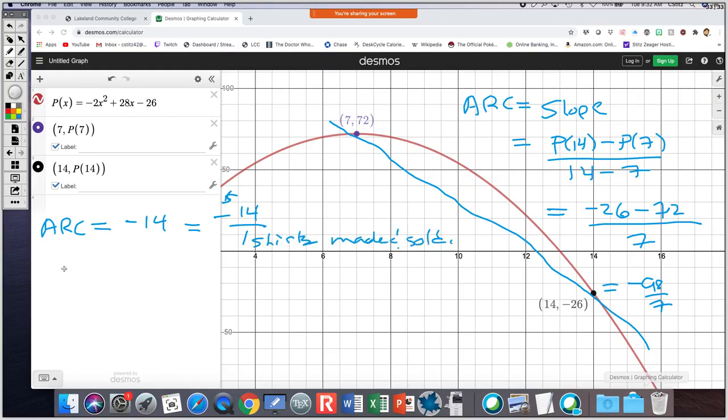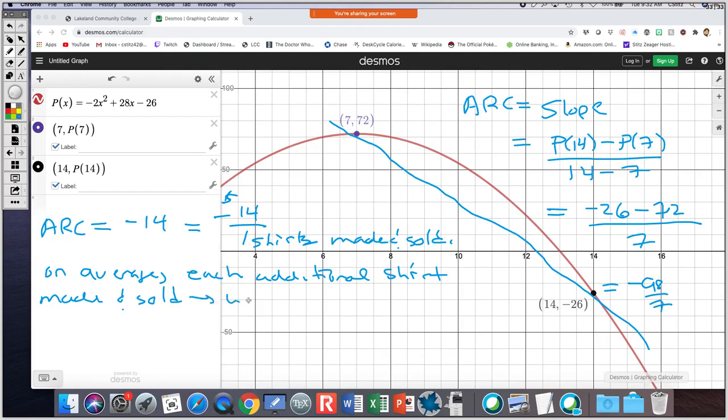So this means that on average, each additional shirt made and sold, we'll lose $14 in profit.